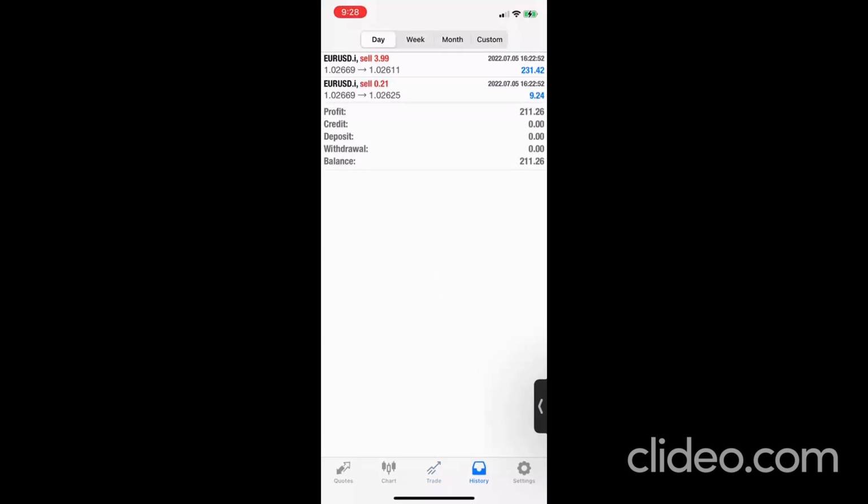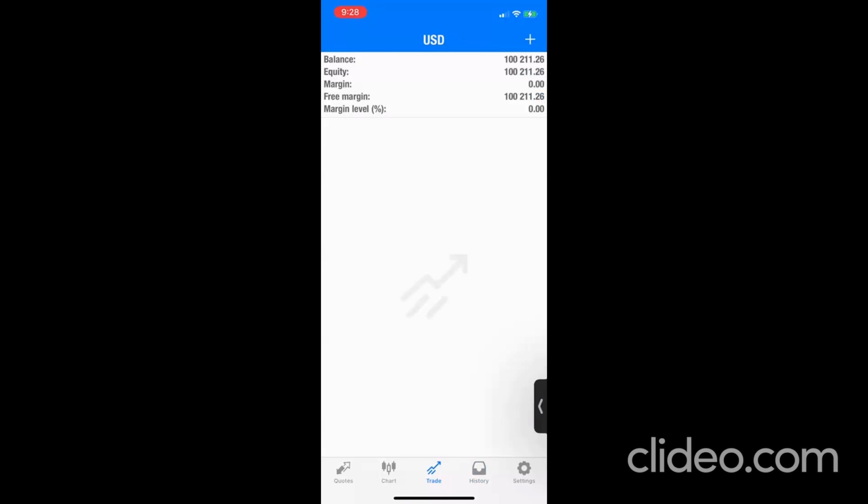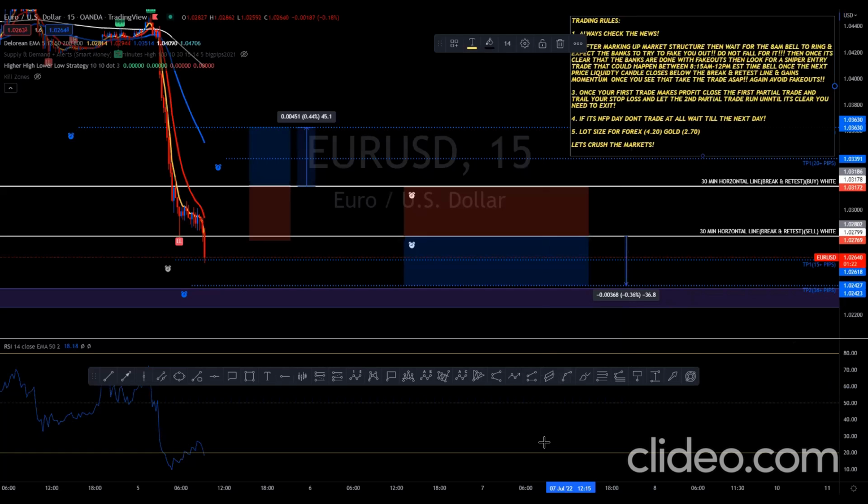All right, guys, so I made $211 on this trade. We did pretty good on that, and this is even before the 9:30 bell. Had I even gotten in earlier on this trade, I would have definitely made 250. But this wasn't bad at all. So this is good.